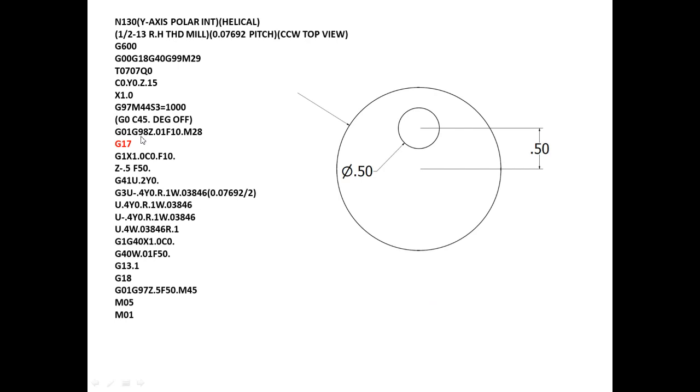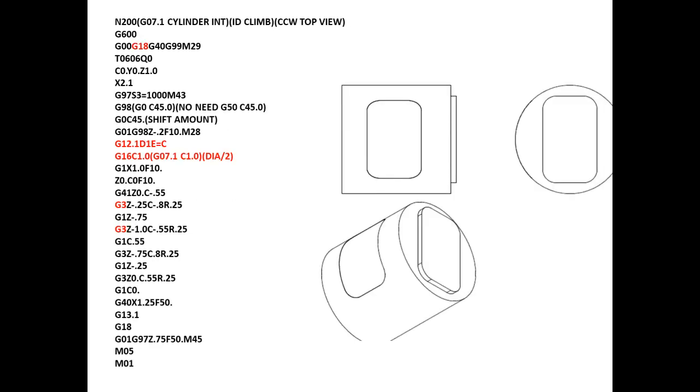Okay, so on the Fanuc control, we do the cylindrical interpolation with G7.1. On the Mitsubishi control, we don't have a G7.1. We do have a G16 and the C, the same as G7.1, but we use G16 inside of the G12.1.